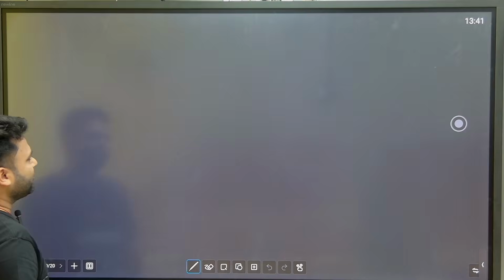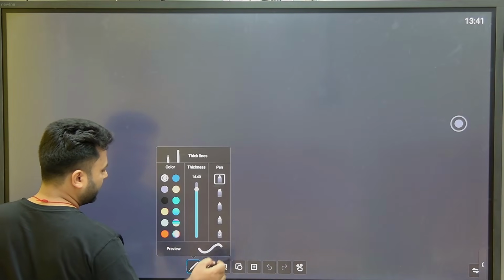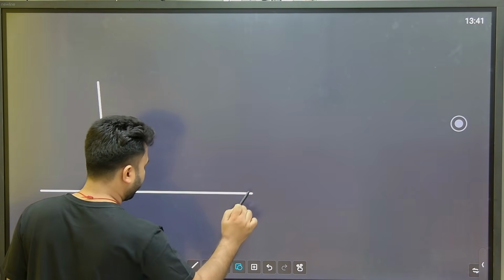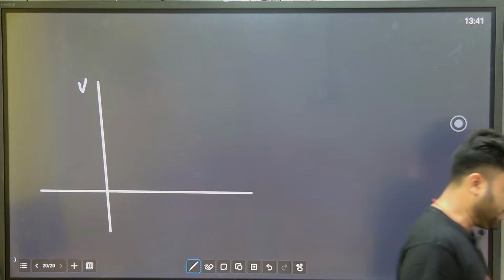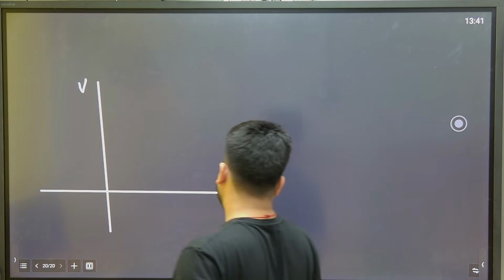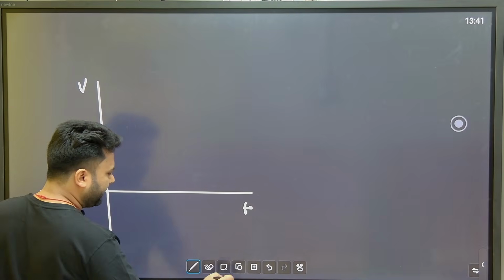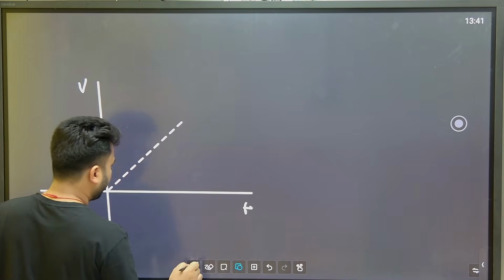They can ask like this also. See, this is velocity and this is time. They will give the graph like this, that this is the graph.